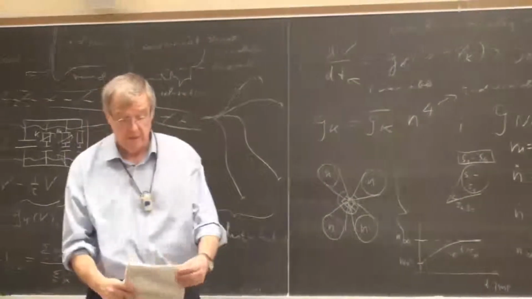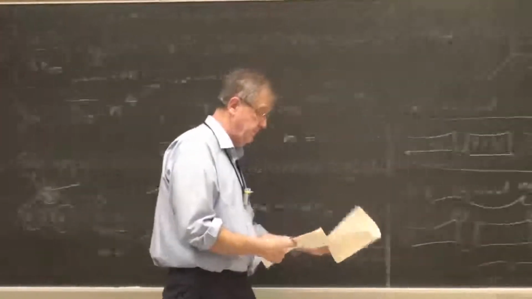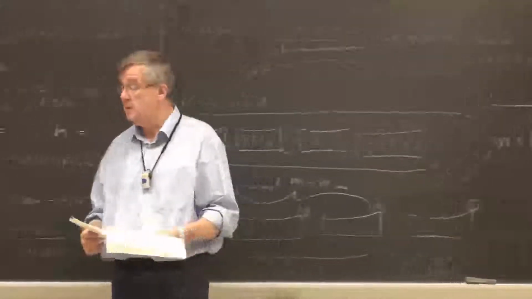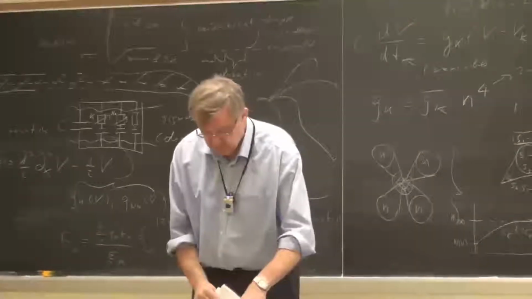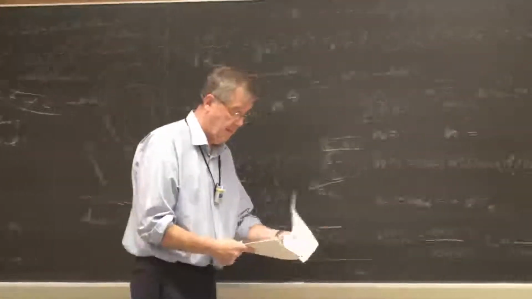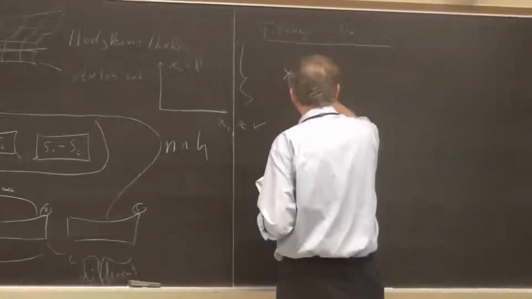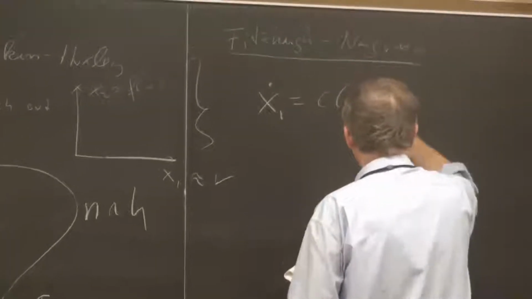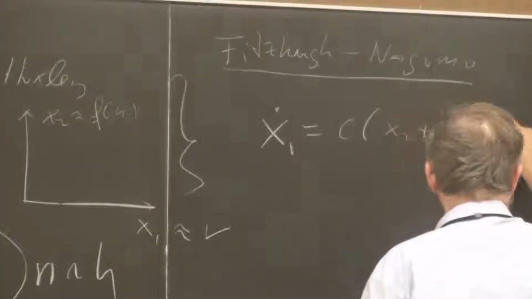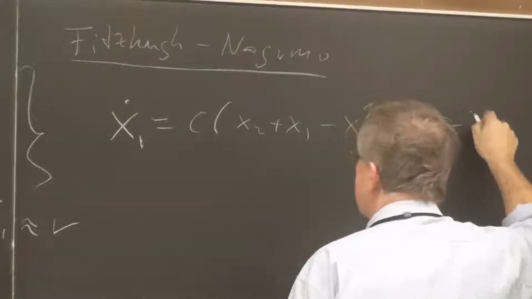Okay, so now let's write down the equation. So this equation looks as follows. x1 dot is equal to c times x2 plus x1 minus x1 cubed over 3 plus z.